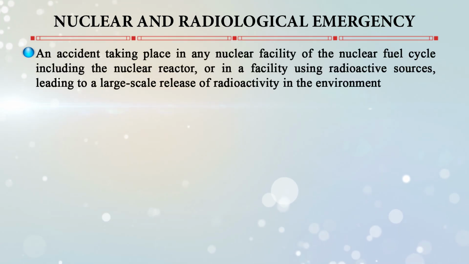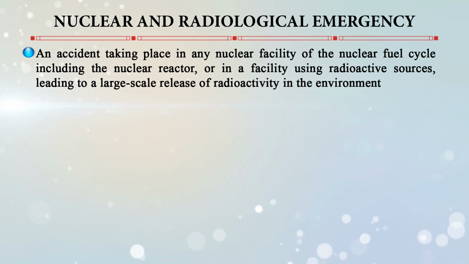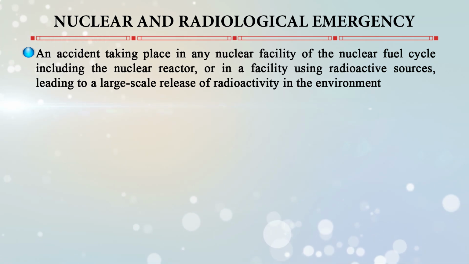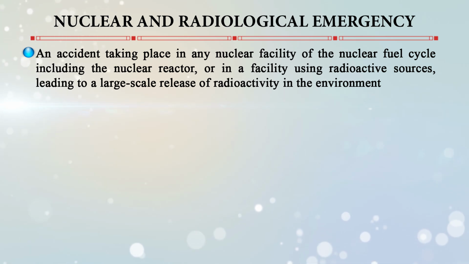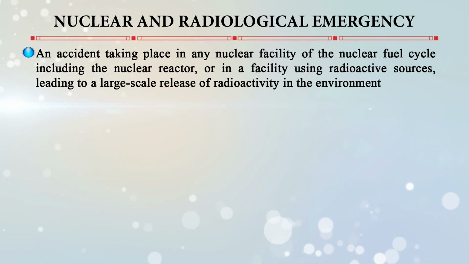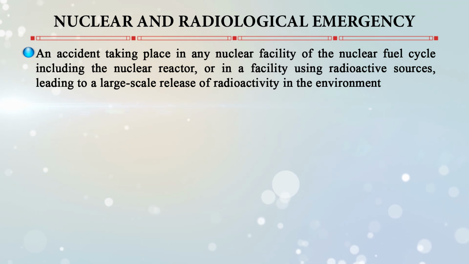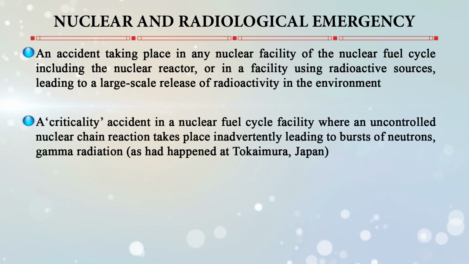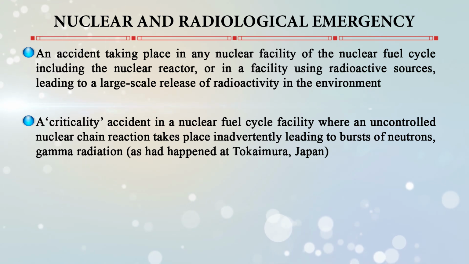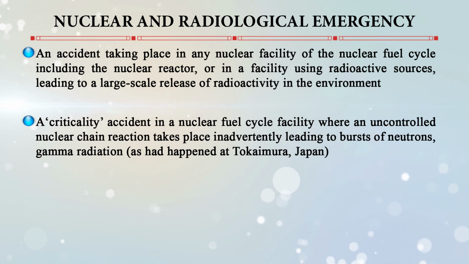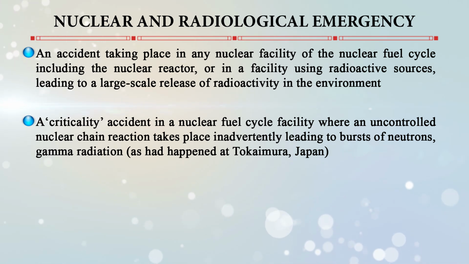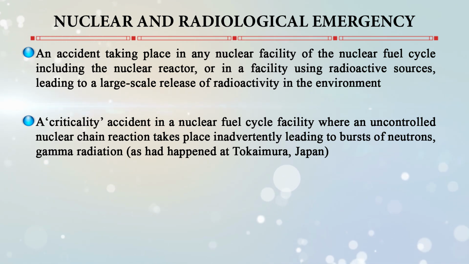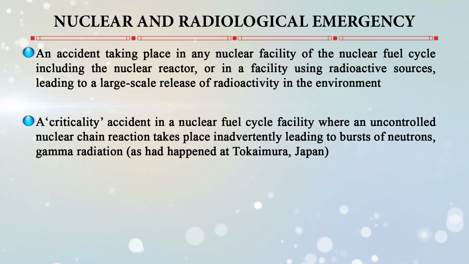First, an accident taking place in any nuclear facility of the nuclear fuel cycle, including a nuclear reactor, or in a facility that is using radioactive sources, that can lead to a large scale release of radioactivity in the environment. Second, a criticality accident in a nuclear fuel cycle facility where an uncontrolled nuclear chain reaction takes place inadvertently, leading to a burst of neutrons or gamma radiation, which happened in Tokaimura in Japan.